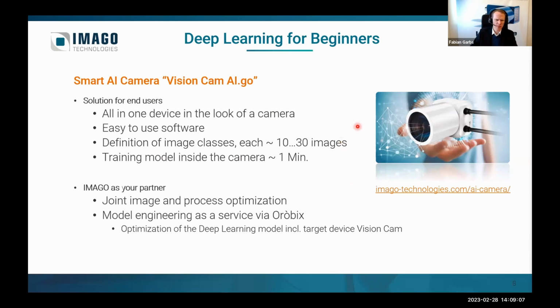You can teach the camera itself with just 10 or 30 images. That's it. Then you have the camera ready to say, okay, the object you show me later is one of this class. Is it class 1, class 2, class 3, etc.